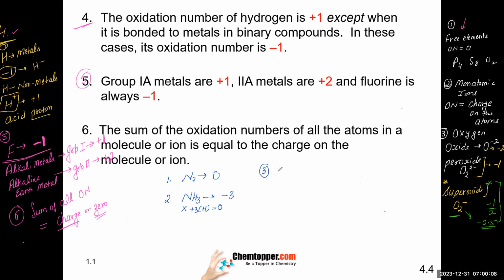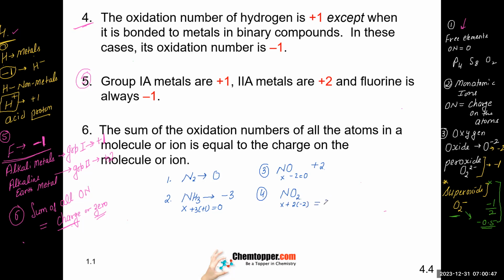Third, NO. What's the oxidation number of nitrogen here? No, Dhruv. Oxygen is -2. So X - 2 equals 0. So nitrogen is +2 in the third. Fourth, what's the oxidation number of nitrogen here? You can assume it as X, 2 times -2.